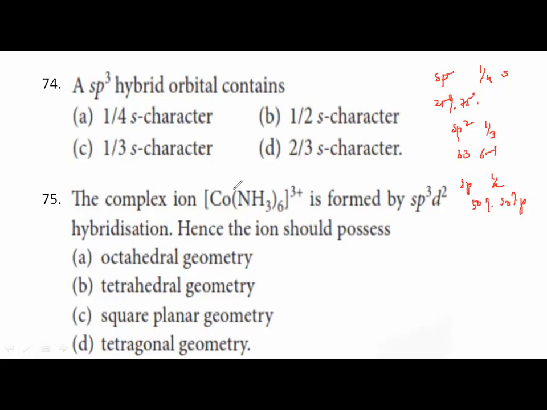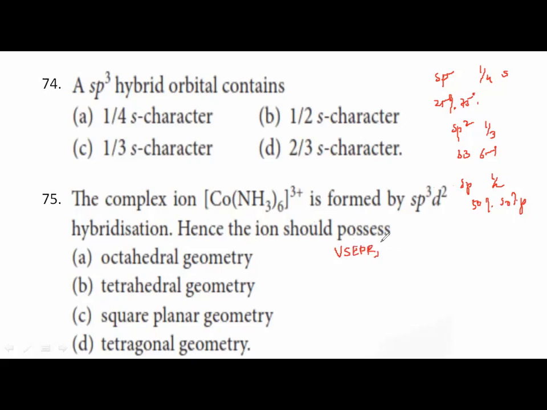The complex ion hexaamminecobalt(III), Co(NH3)6 3+, is formed by sp3d2 hybridization. Hence, what geometry should the ion possess? This is based on VSEPR theory.